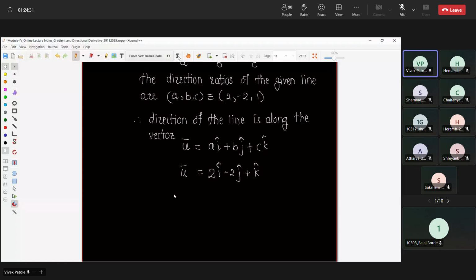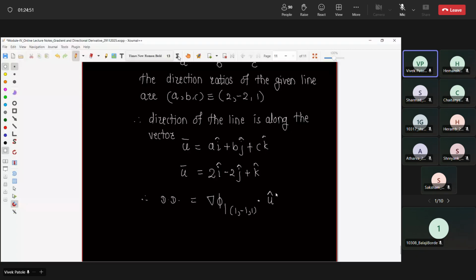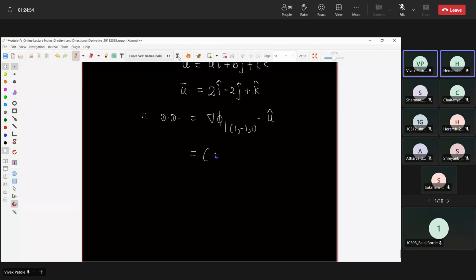So u bar is equal to 2i cap minus 2j cap plus k cap, and therefore, as we got u bar, we will go for finding the directional derivative, which is del phi at 1 minus 1 1 dot with u cap. Do the calculation. So it will give us 1 by 3 into i cap minus j cap minus 3k cap dot with 1 by 3 into 2i cap minus 2j cap plus k cap.